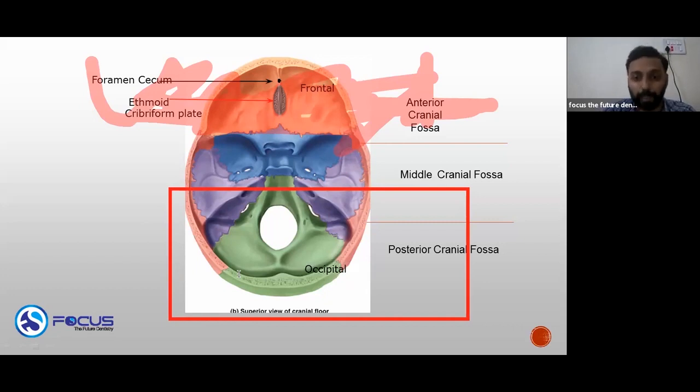You have the occipital bone here, and you have a very big foramen here. What is that very big foramen's name? Yes, it's called foramen magnum. And along with it, I want you to learn two more things. What is this small foramen here? And what is this?